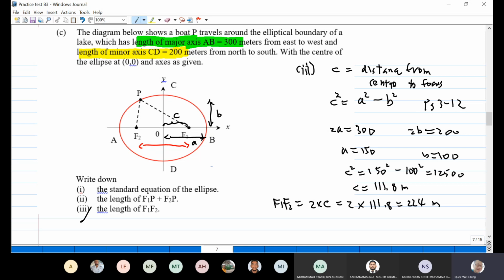Right? So this one again, you memorize the formula and diagram, so you know what you are finding here. This diagram is on page 312.